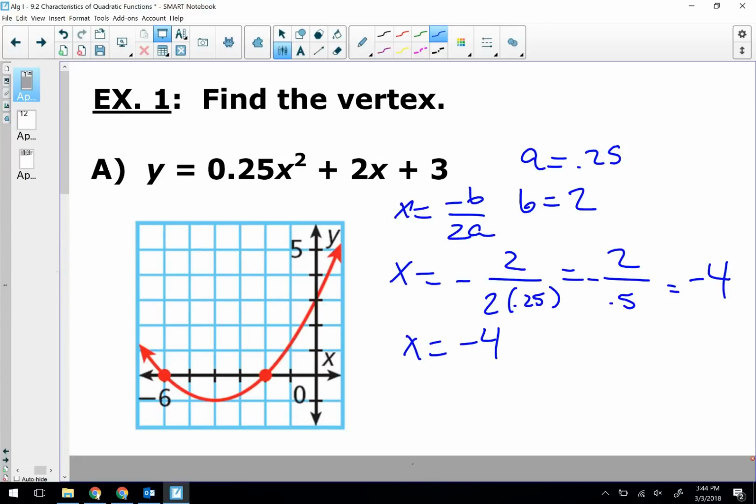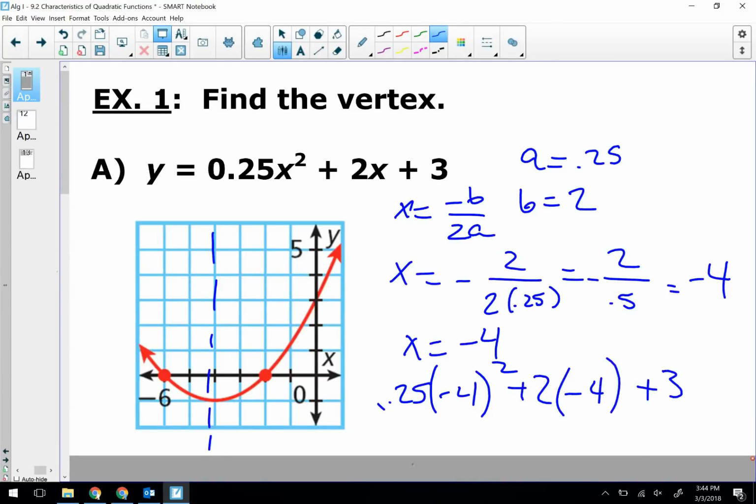Now, do I confirm that with the graph? Negative 1, negative 2, negative 3, negative 4. Is that halfway between those zeros? Yeah, I'd say that's true. So step 2, plug it in. 0.25 times negative 4 squared plus 2 times negative 4 plus 3.